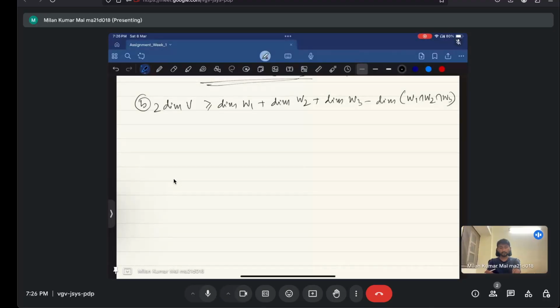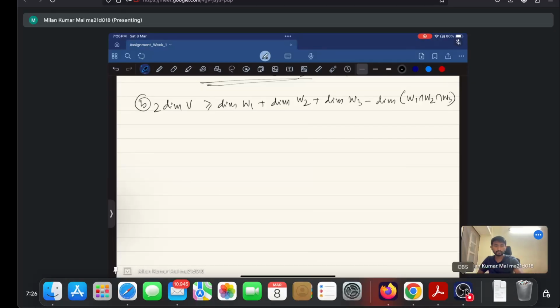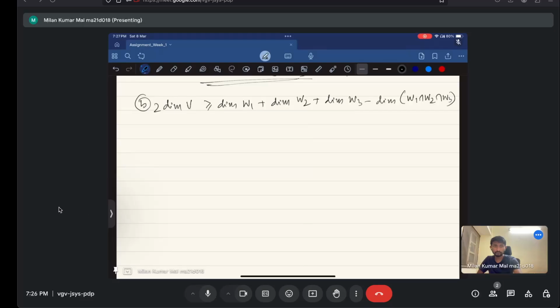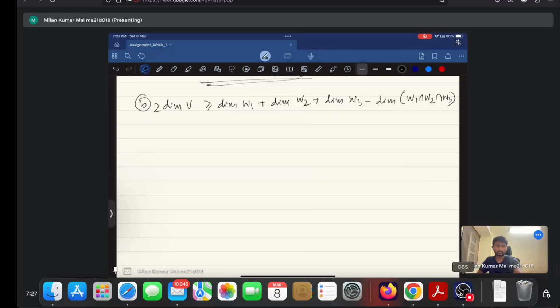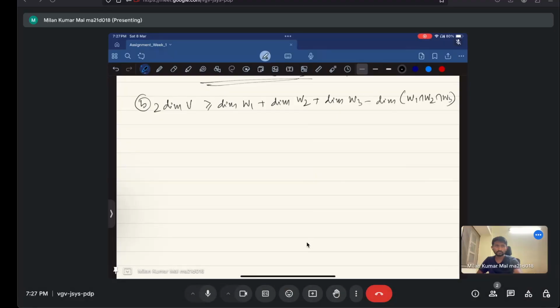So minus dimension is greater than or equal to... how can one prove the dimension of W1 plus the dimension of W2 plus the dimension of W3 minus the dimension of W1 intersection W2 intersection W3 is less than or equal to the dimension of V?